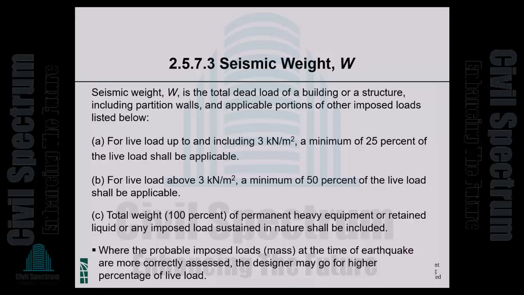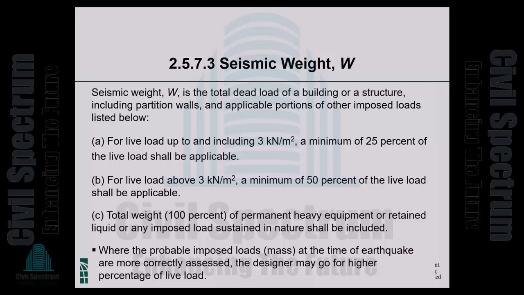This is, by the way, much higher than in the US. We include 25% for storage facilities, nothing for other than storage facilities. Total weight of permanent heavy equipment or retained liquid or any imposed load sustained in nature shall be included.